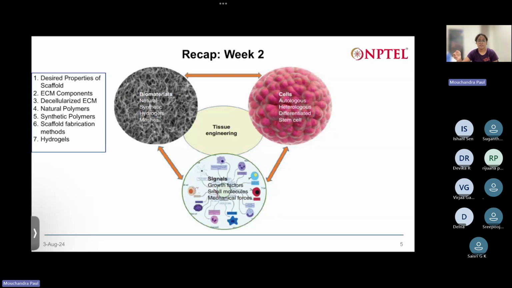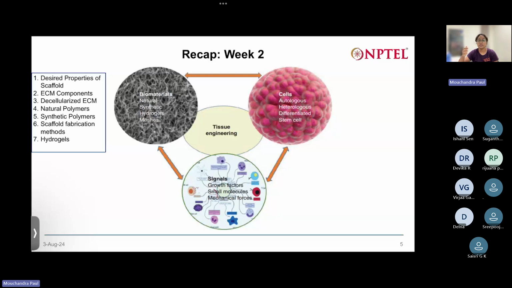The primary function is to provide mechanical support for cell growth, because mammalian cells are adhesive in nature. They need a hard surface onto which they can adhere and then carry out processes like differentiation and proliferation. So you need to provide a surface. That is the primary job the scaffold is supposed to do.